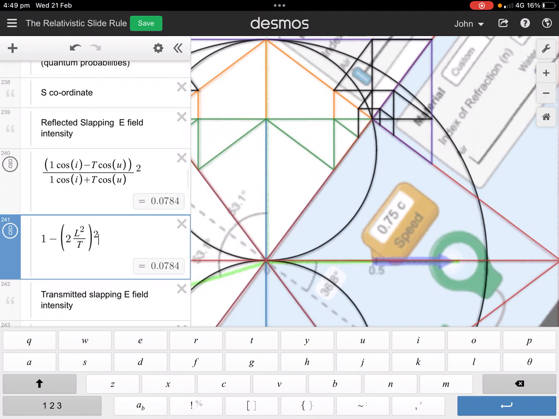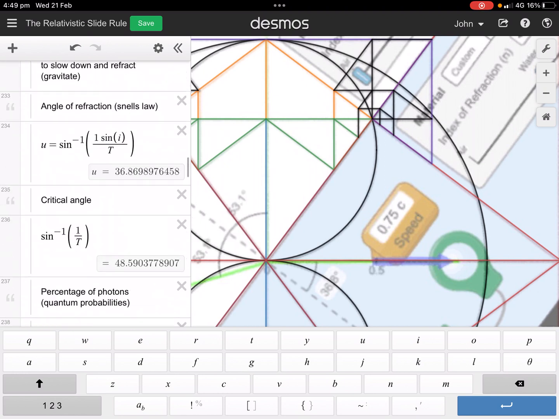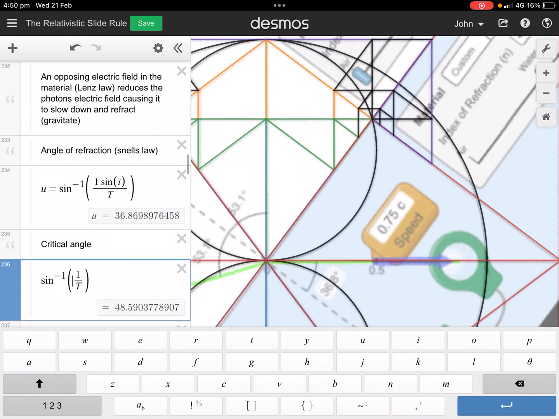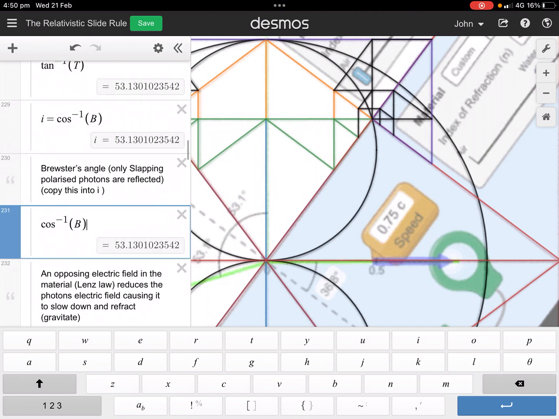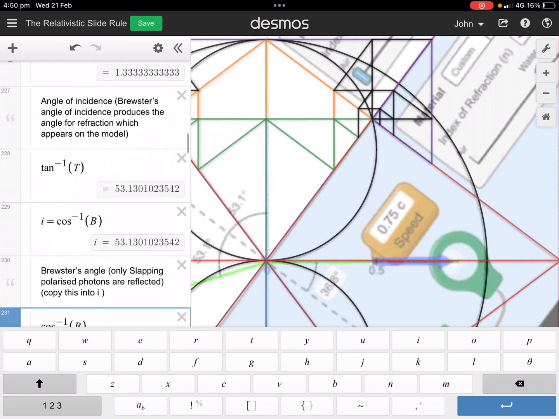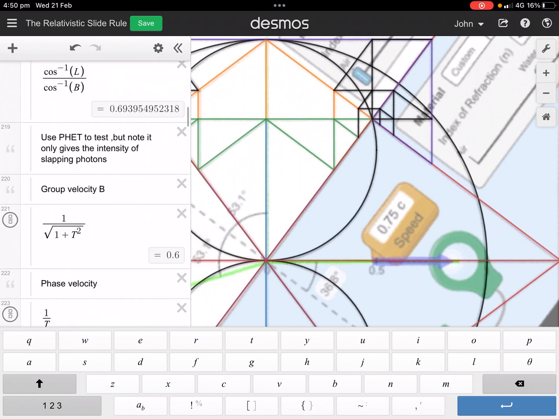That'll be the amount of reflected light, because it wasn't transmitted. It's either reflected or transmitted, and that's polarized 100% with the slide rule, because it's always Brewster's angle, the angle of incidence. Critical angle, and here's that 36.8 degrees for the transmitted angle. Here's the angle of incidence, 53.1 degrees. Okay, I think that's everything.